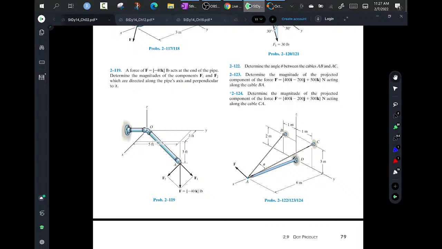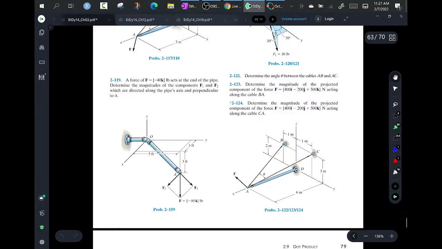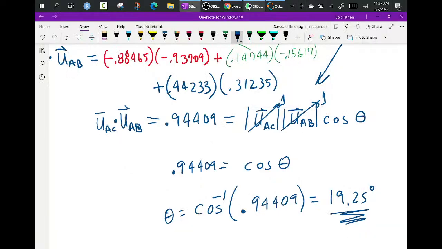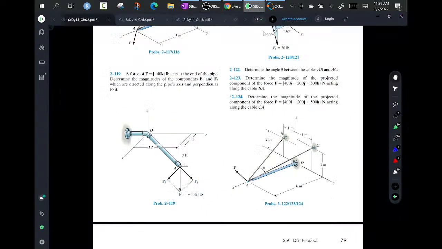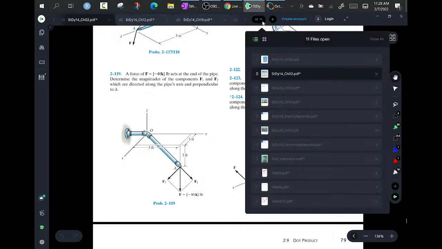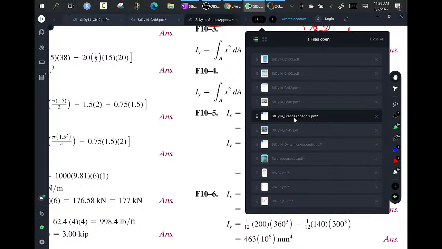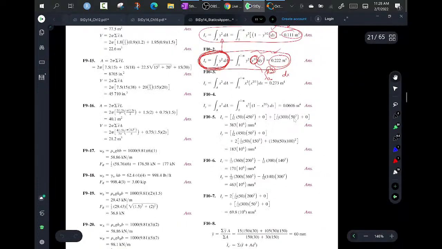So the question is, okay, that's problem 122 right there. So I want to spin around and find the answer, and maybe it's possible. Pushed the wrong thing. Okay, give me a second. That's the statics appendix. Okay, 122.